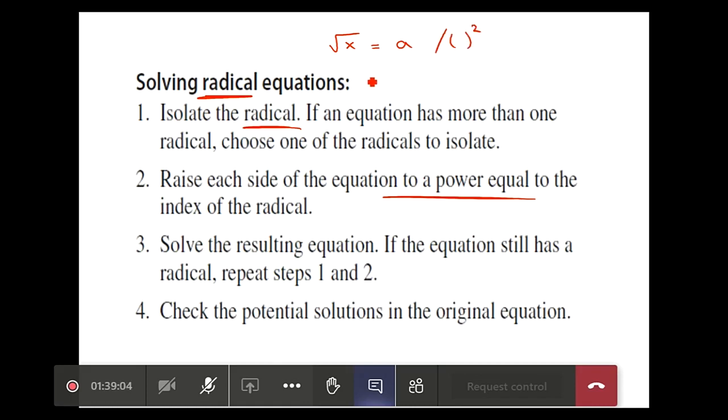Okay? If we have the cube root of x equals a, take both sides to the power 3, and so on. Okay? Now, after that, we must check the radical, because radicals, especially square roots, must be checked. Square roots must be checked. Okay?